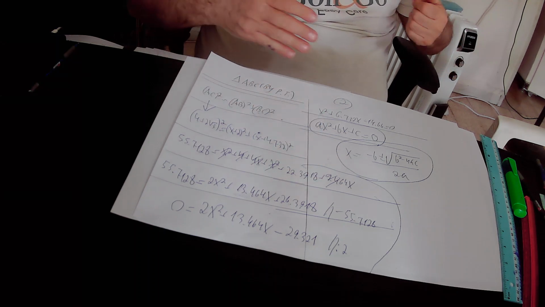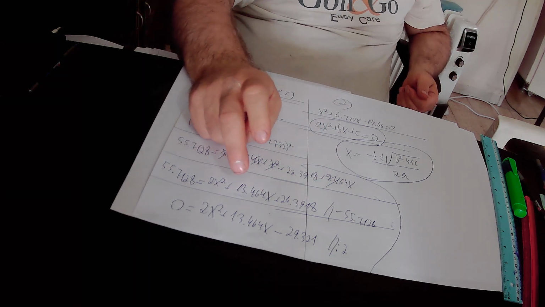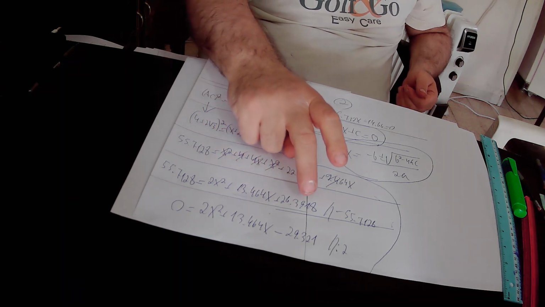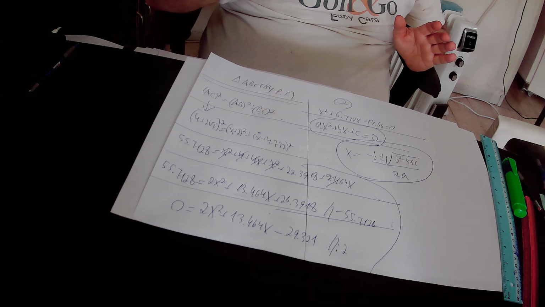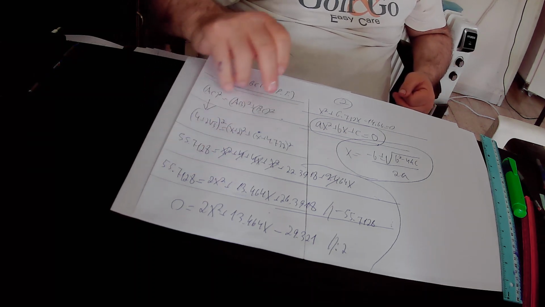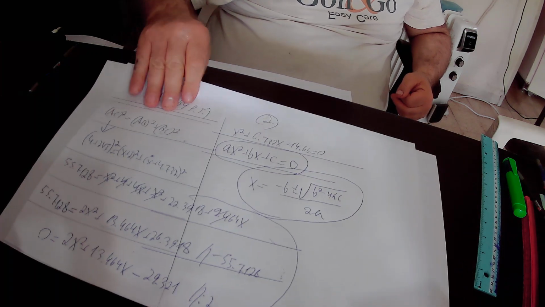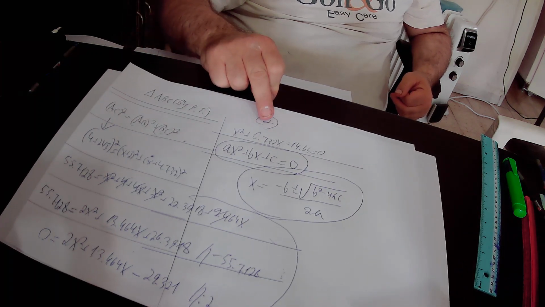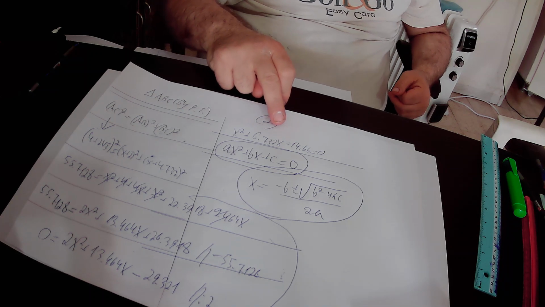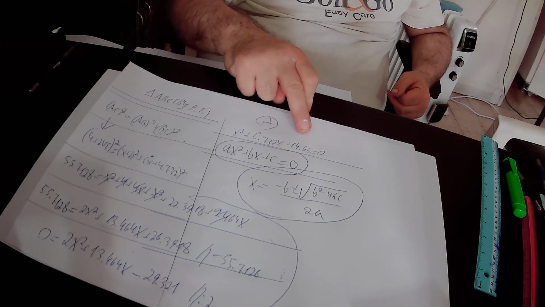So in conclusion, we found that 2x squared plus 13.46x minus 29.321 equals 0. So this is a quadratic equation. We divided this quadratic equation by 2, and finally found that x squared plus 6.732x minus 14.66 equals 0.